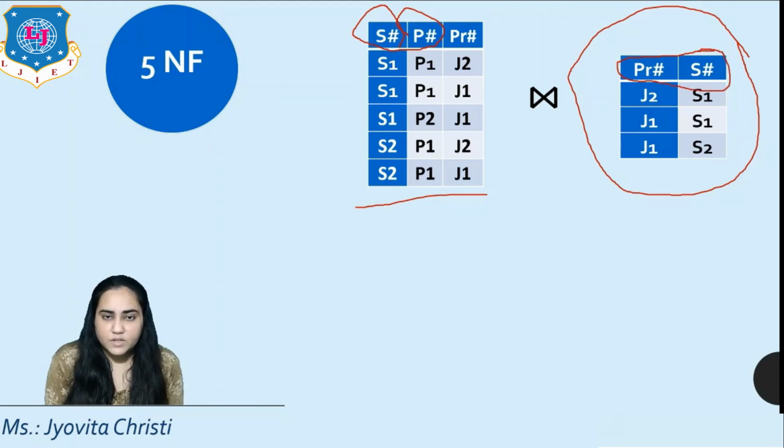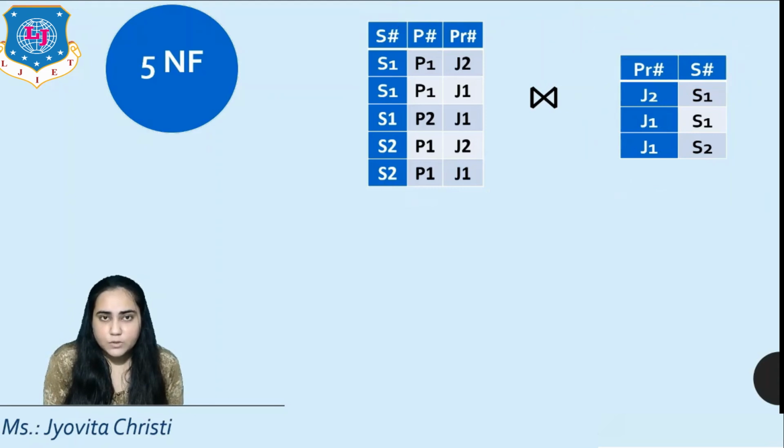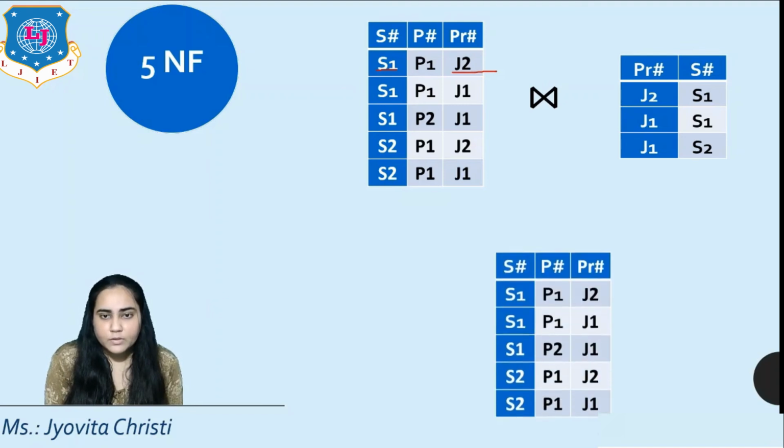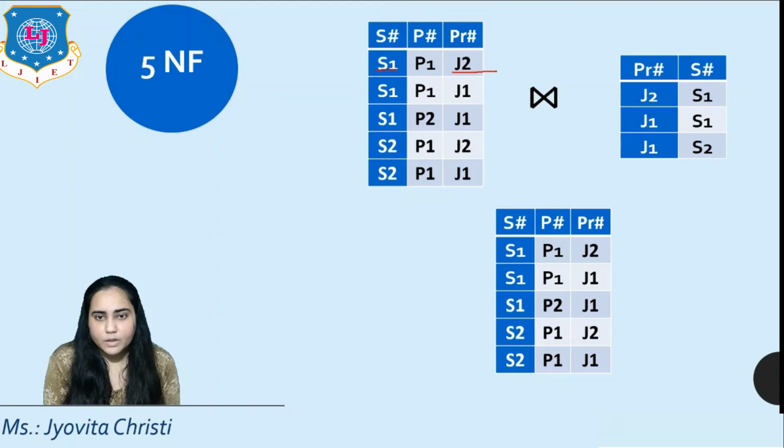So how that works is, in the first table, I have S1 and J2 together in the first row. So I just need to check if in my second table I have the same thing also. Let me just first show you the result of this. So the result of this is this table, and I'm going to remove some rows from there later on.